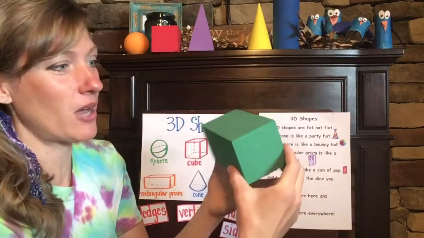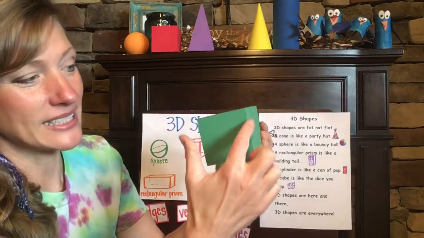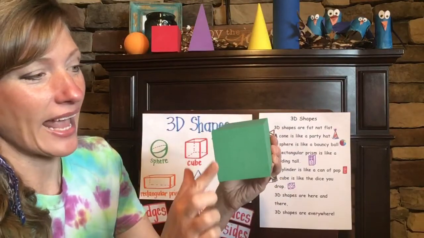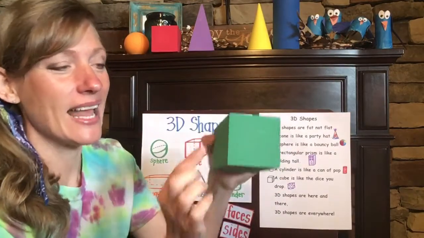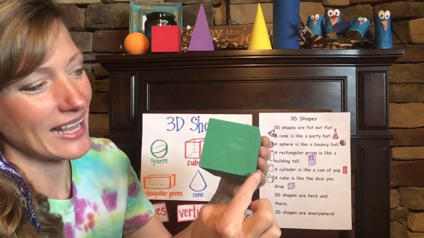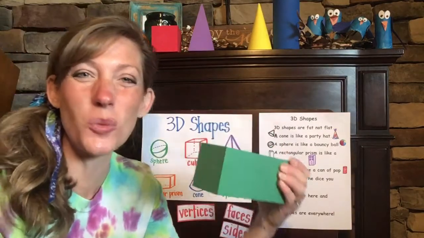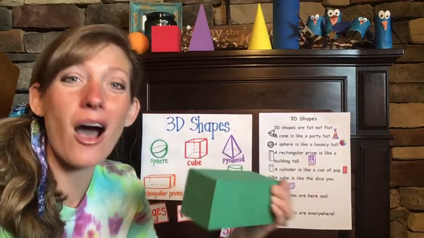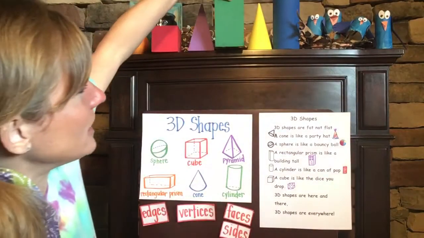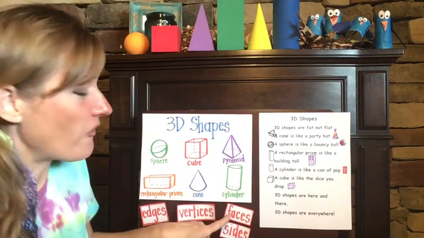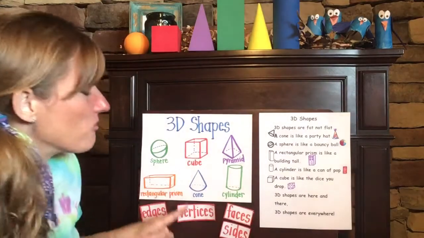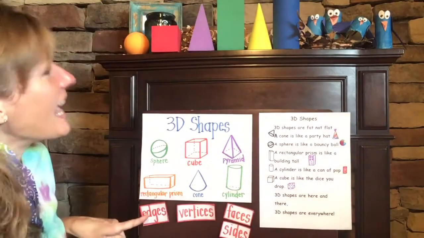Good job. We got to keep going. 5, 6, 7, 8, and how about this end? 9, 10, 11, 12. It has 12 edges. So when we're talking about 3D shapes, they could have faces or sides, vertices, and edges.